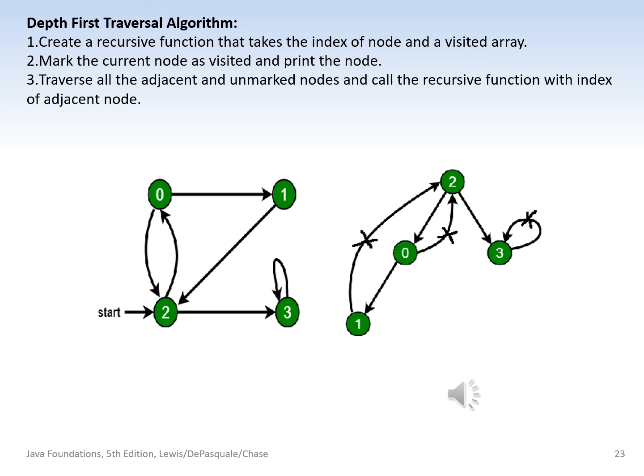You mark the current node as visited, and you print the node. Then you traverse all the adjacent and unmarked nodes and call the recursive function with the index of each adjacent node. Eventually, the visited array will have all the nodes in it, and we can stop. I'm going to show you a coded implementation next.